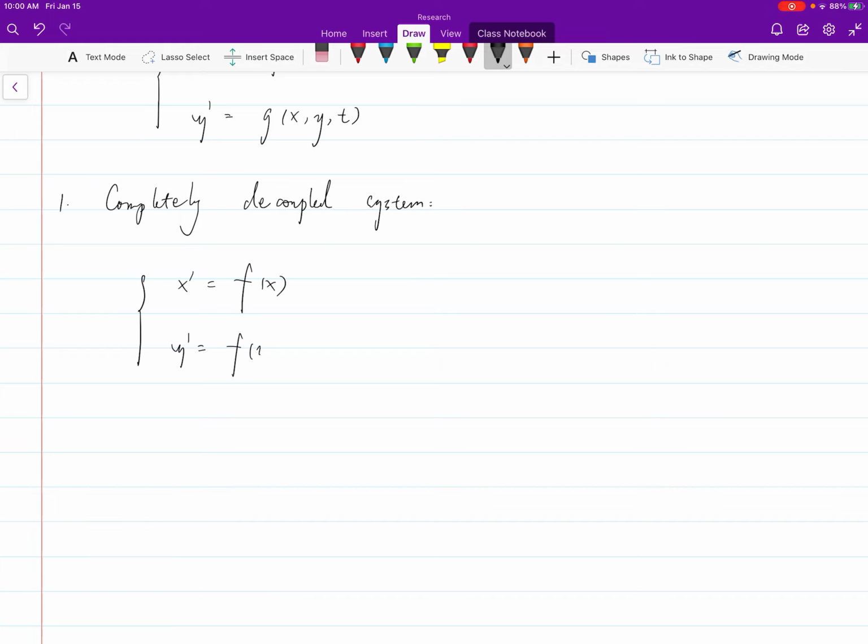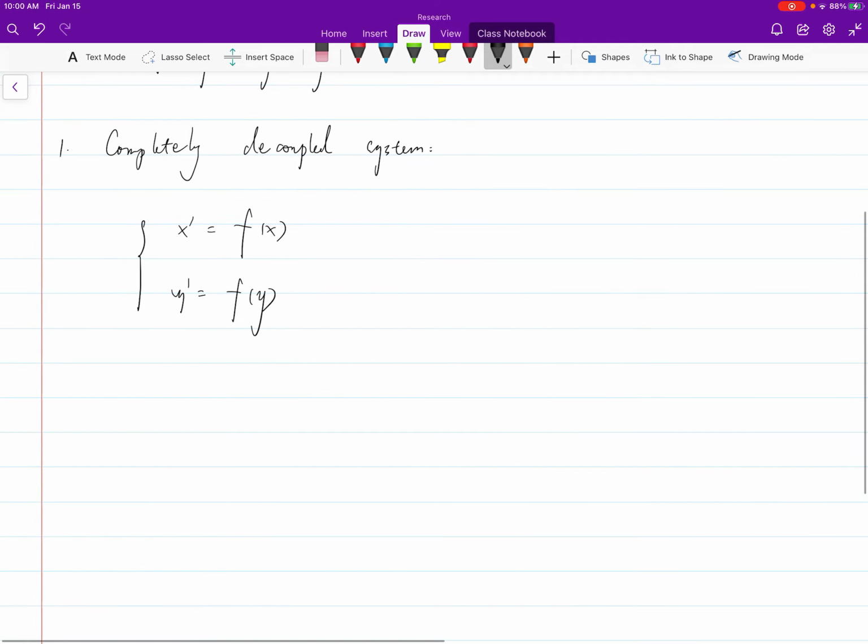You have two species together, but what you need to notice is the first one only involves x, and the second one only involves y. Therefore, there is no interaction between x and y.